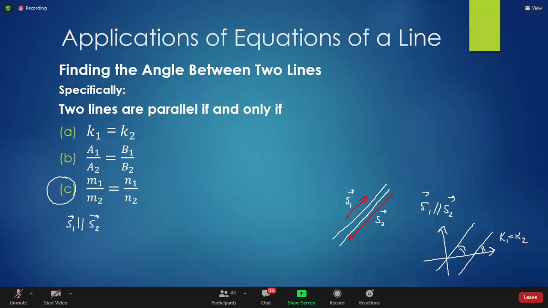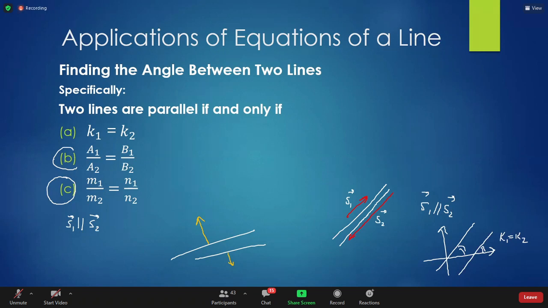And the same goes for, evidently, in B, the normal vectors. If I have two parallel lines, the normal vectors again should be collinear. Again, not necessarily in the same direction, not necessarily with the same length. It's enough that they are collinear.